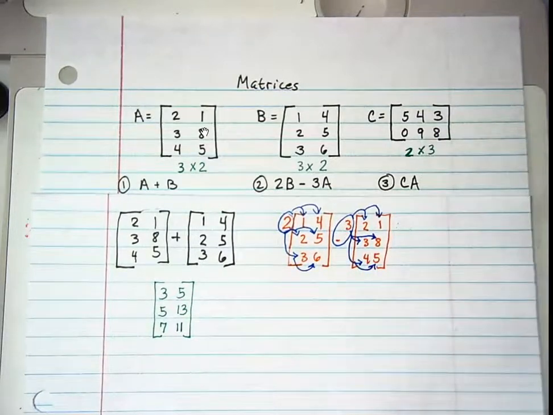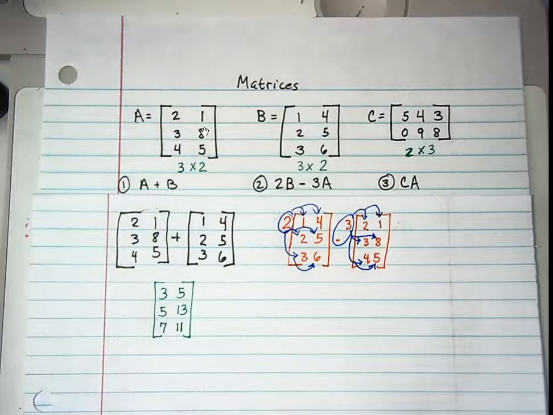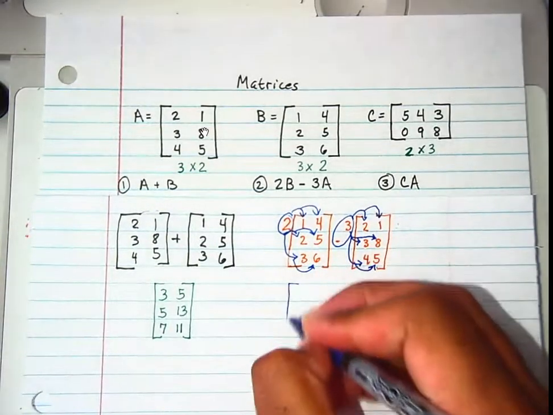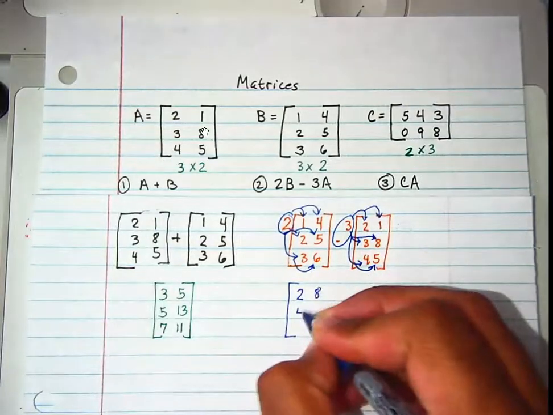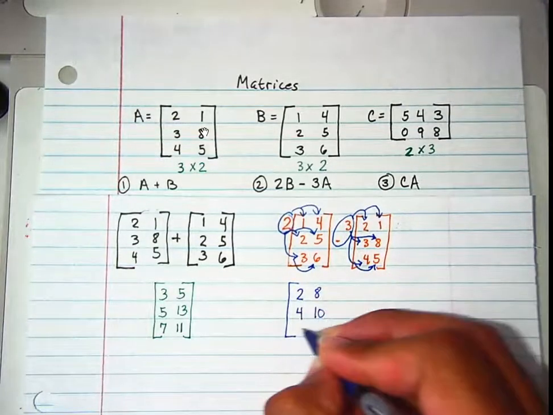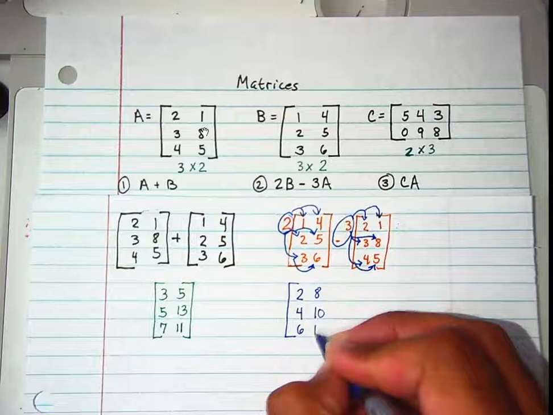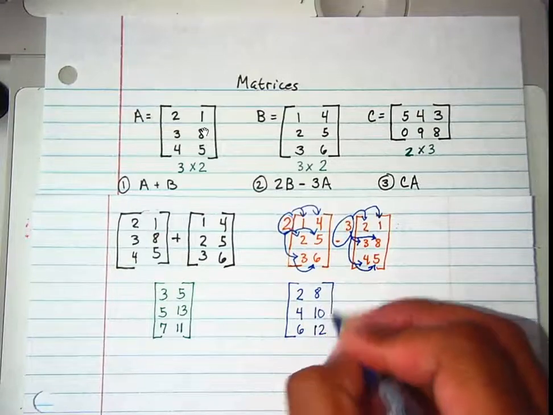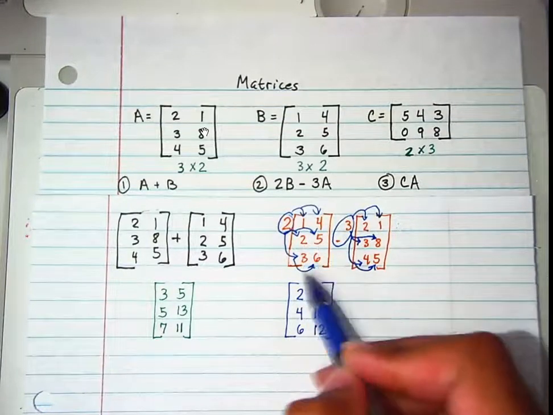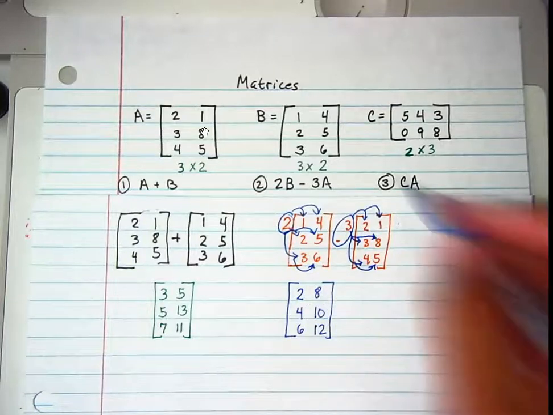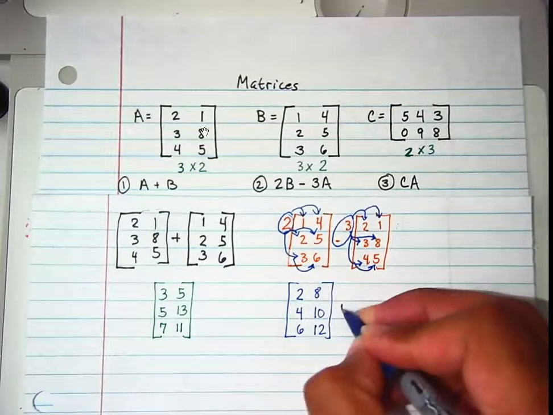So everything in the second matrix is multiplied by -3. Everything in the first matrix is multiplied by 2. It does not change dimensions. So that's 2, 8, 4, 10, 6, and 12. We're going to put an addition sign right here.